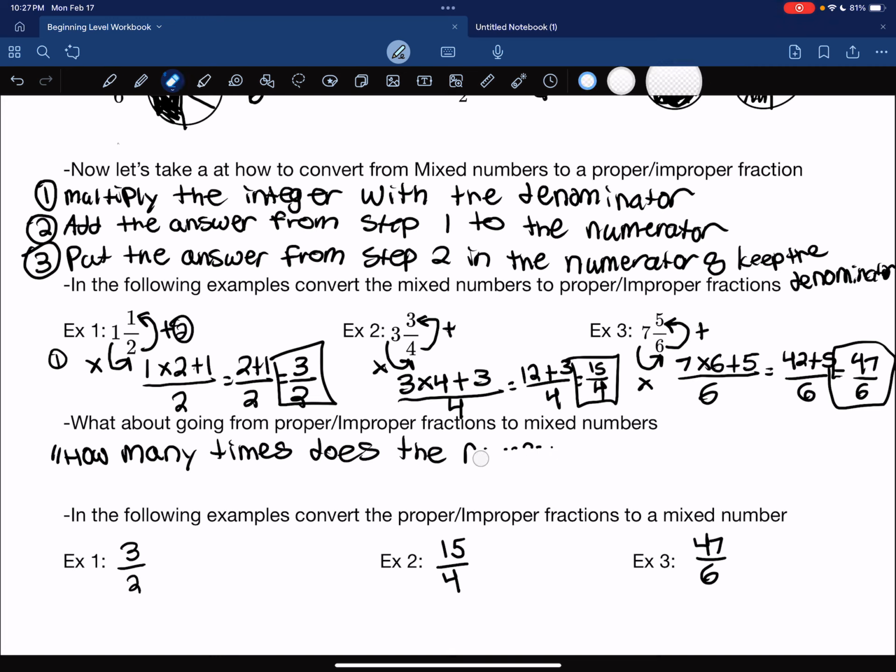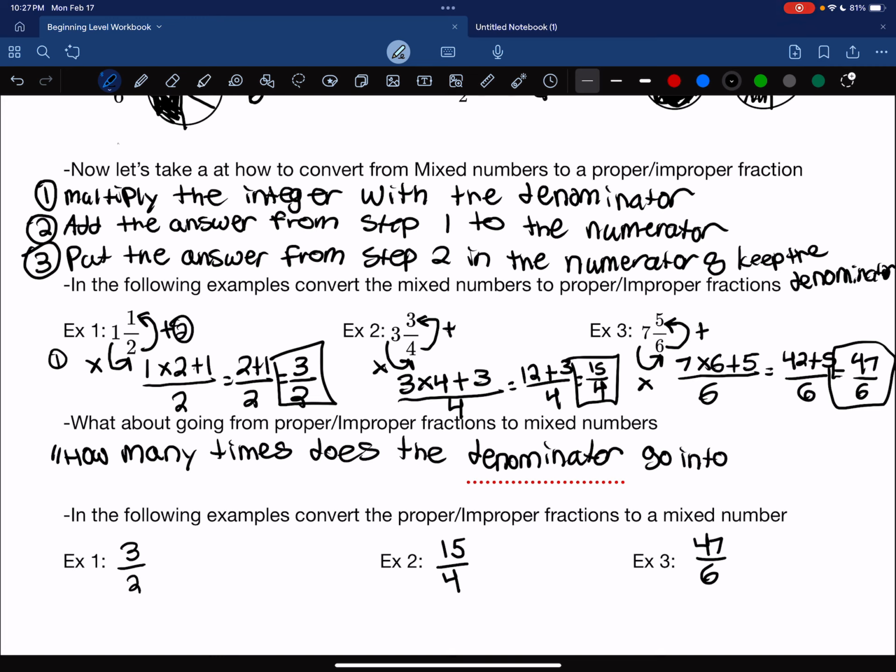How many times does the denominator go into the numerator? Okay, so now that we got that, let's work through our first example.